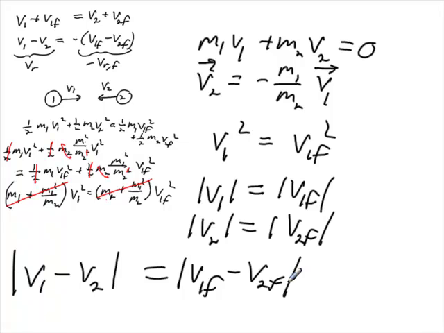Now, when we're in more than one dimension, those can change direction. They could come in this way and go out that way. But their magnitudes, the relative speed at which they approach or recede from each other, cannot change.